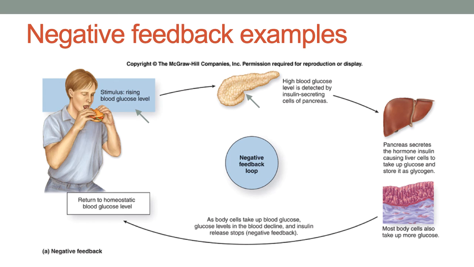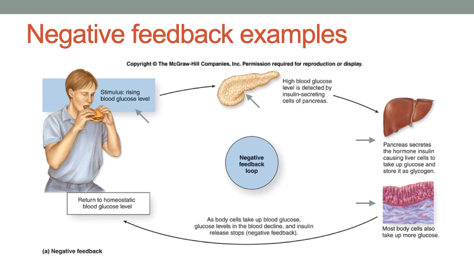That high blood glucose is going to be detected by cells in the pancreas. The pancreas is going to secrete insulin, which ultimately causes the liver cells to take up glucose and store it as glycogen. Other body cells will also take up glucose. That is going to be the effect.